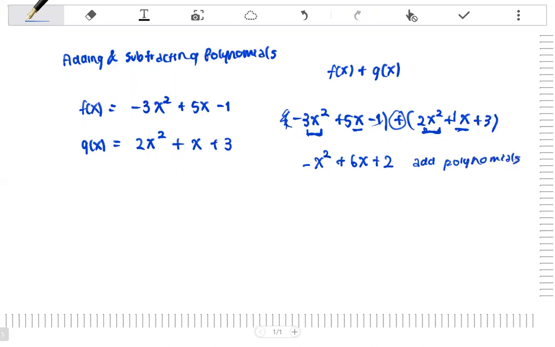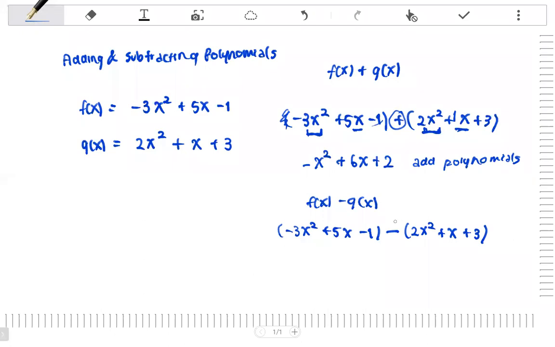What if it told you to subtract, f of x minus g of x? -3x squared plus 5x minus 1 minus this function. What do you think we have to do here? We need to change all of them. Right? You have to change all the signs. Yeah.